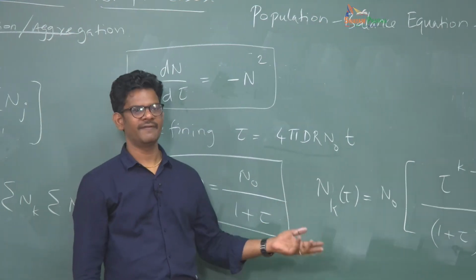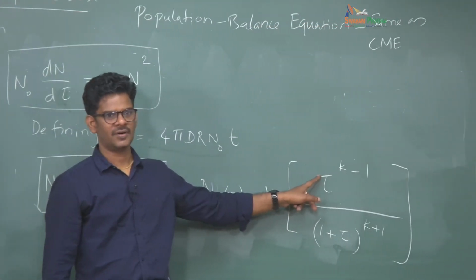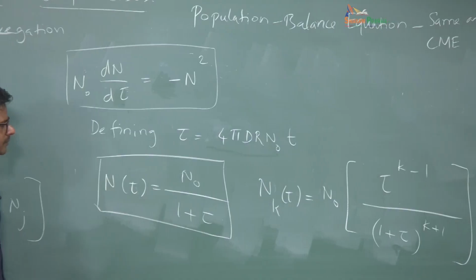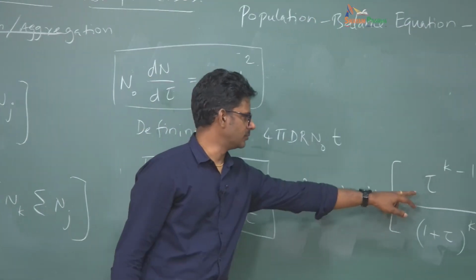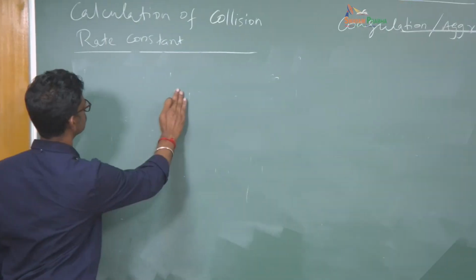Okay, so k can take value 1, 2, 3, 4, etc., and this depends on this tau, which is the time constant given by this. Okay.